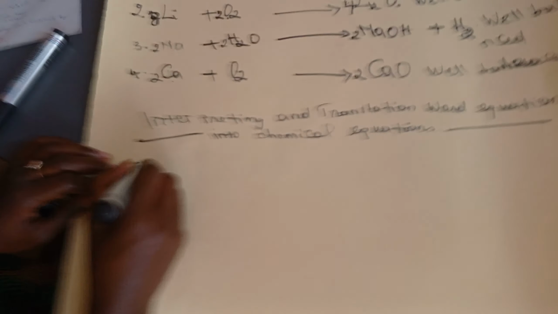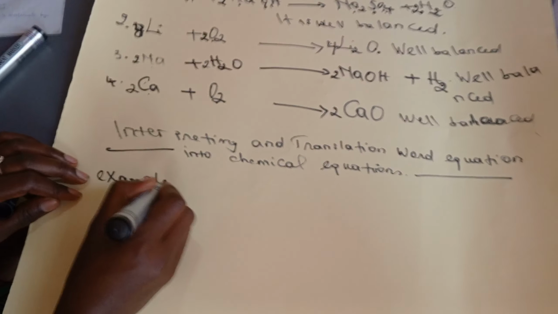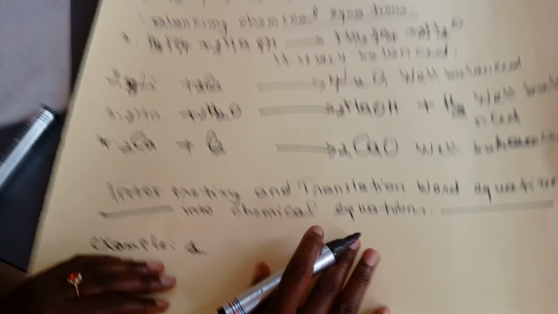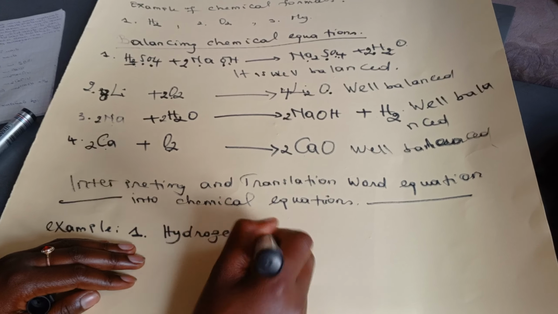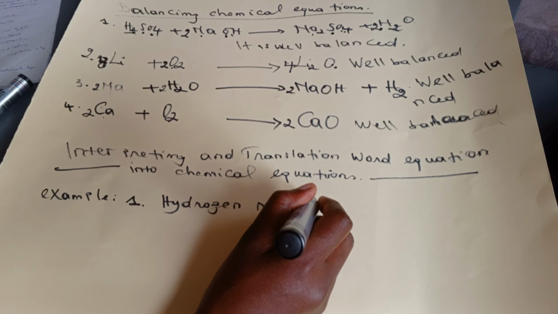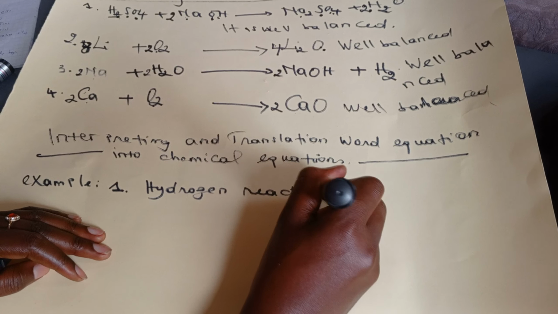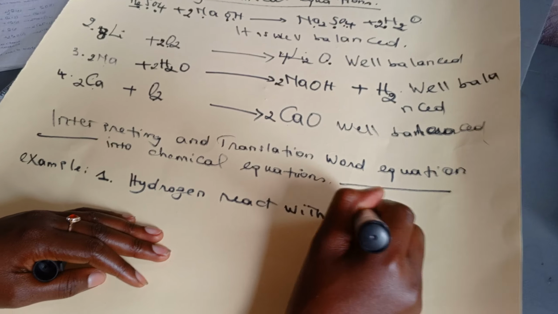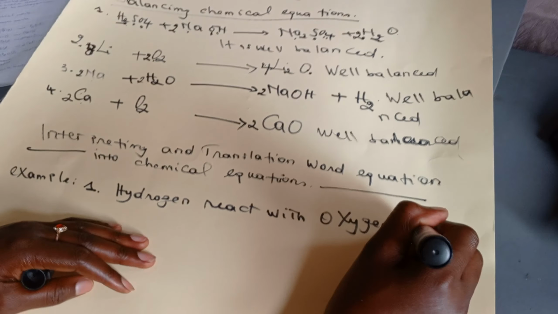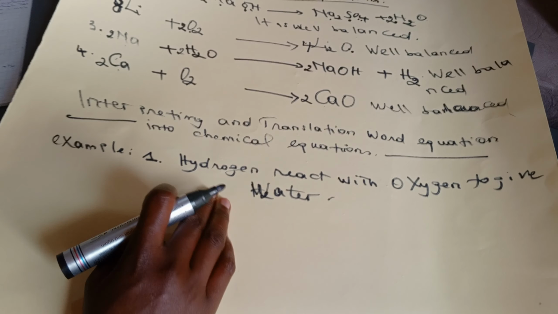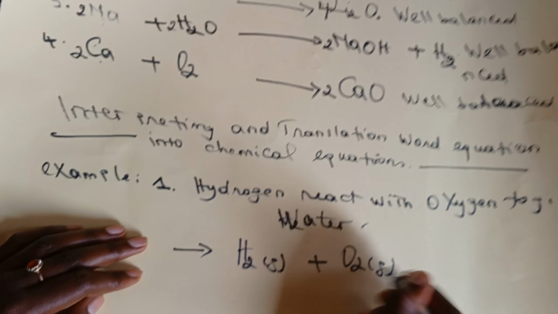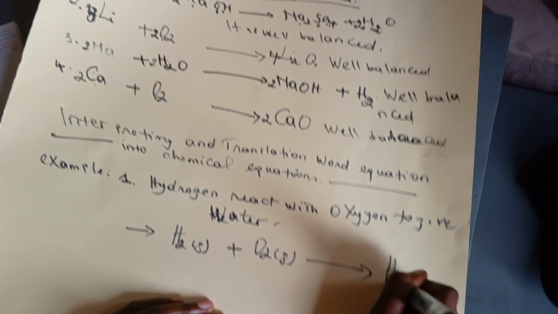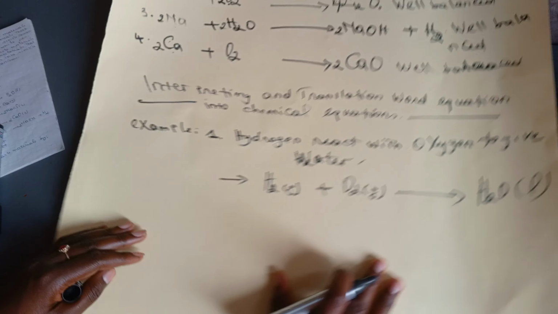For example number 1, when we take hydrogen reacting with oxygen, translate from word equation into chemical equation. Here we write hydrogen gas reacts with oxygen gas to give water, in the liquid state.